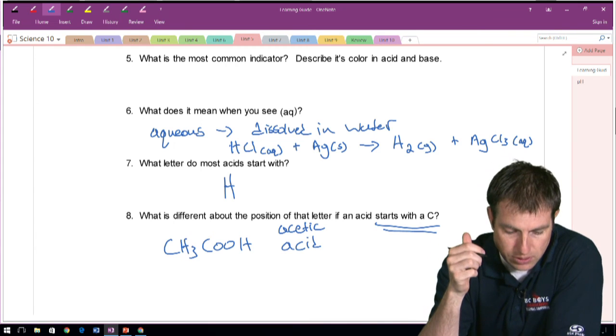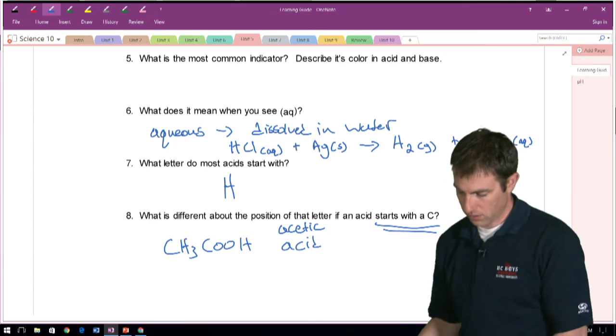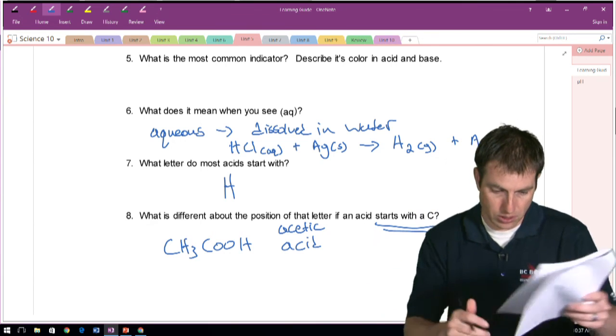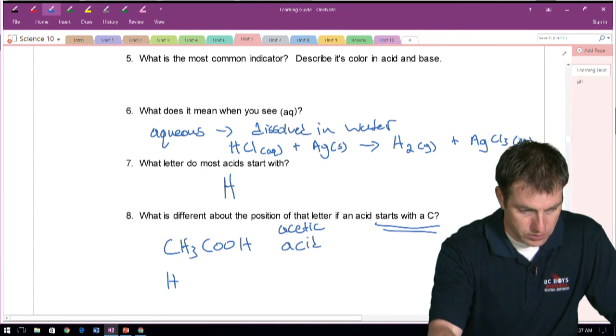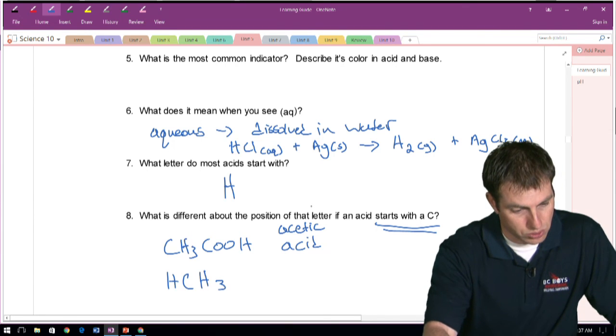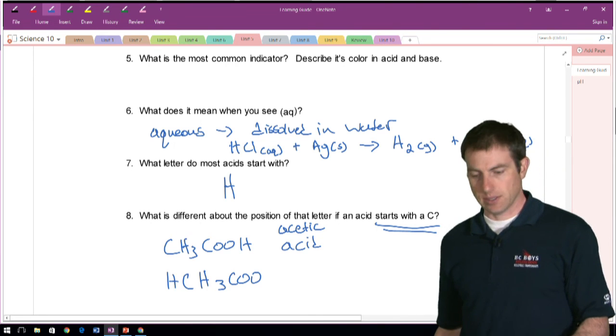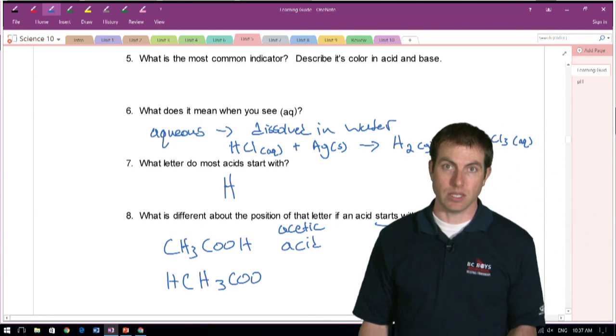You can also write acetic acid as, I'm going to make sure I get this right, it's in your data booklet, HCH3COO. This isn't as common, but this is how you have it in your data booklet. So that is acetic acid, just written differently with the H first.